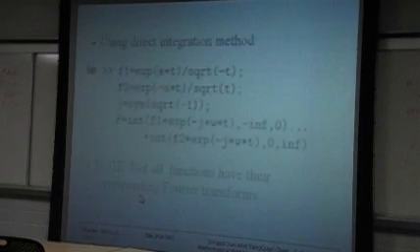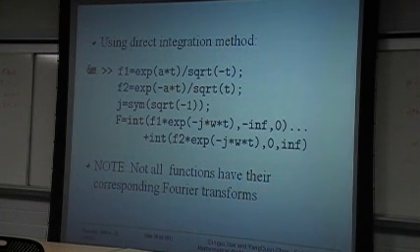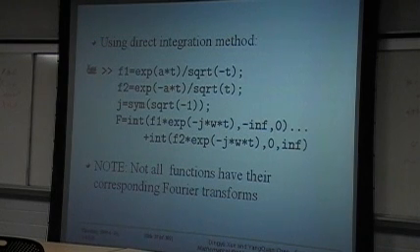If you try to solve it by the integration method, you may also find a similar thing, which reminds us that Fourier transforms of some functions may exist in mathematical handbooks, but you cannot solve the problem in Matlab properly.